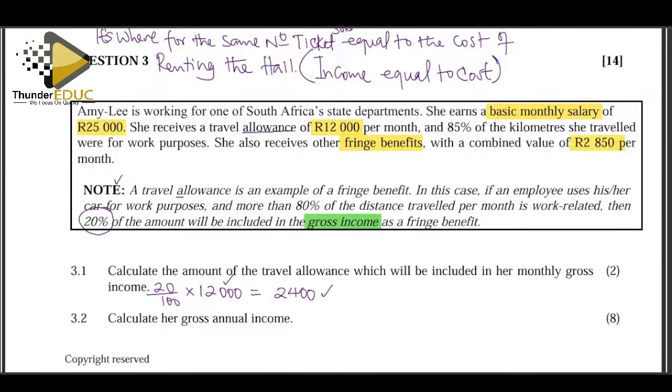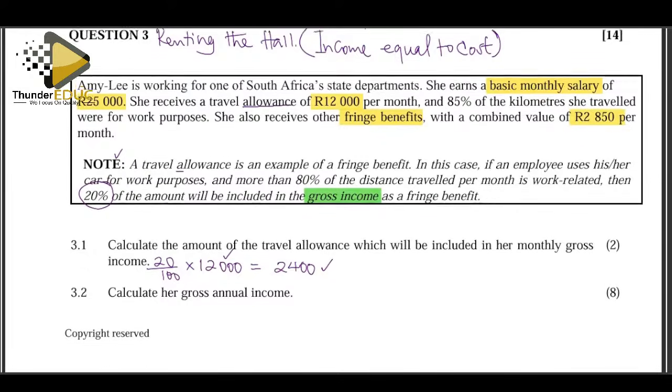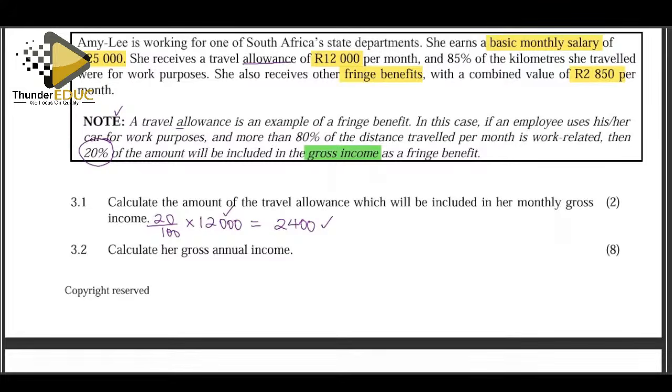Okay. 8 marks. Where are the 8 marks coming from? They want us to calculate her gross annual income. Annual is meant by throughout the year. What you're going to do first and foremost, get her basic salary. Multiply it by 12. Plus, get the allowance, because that also contributes to the income.